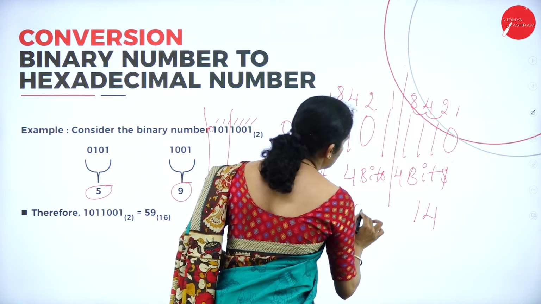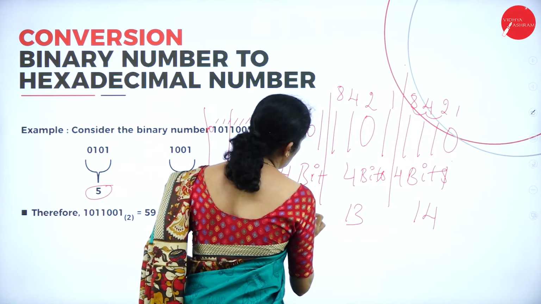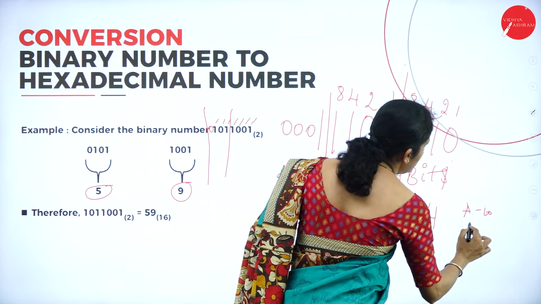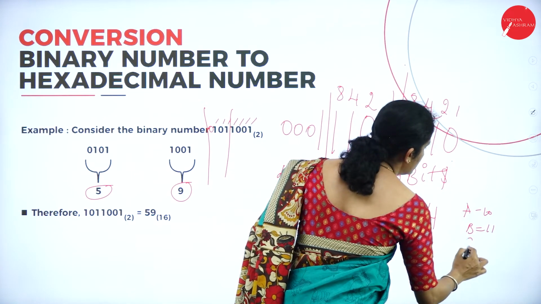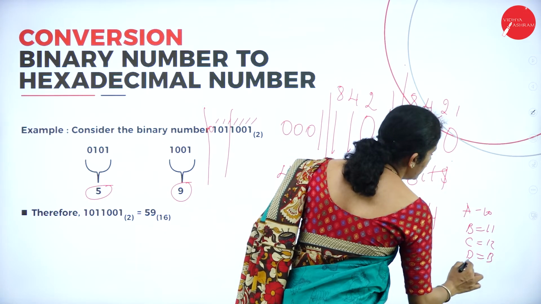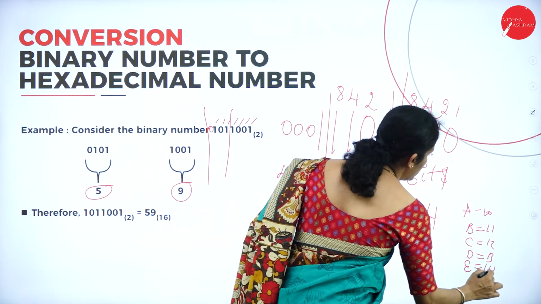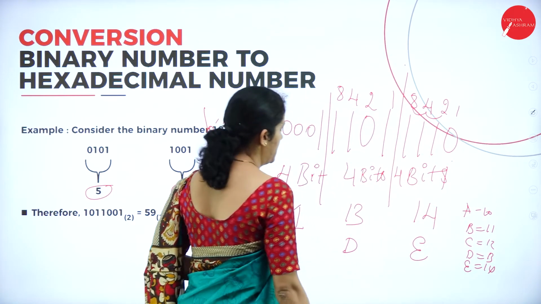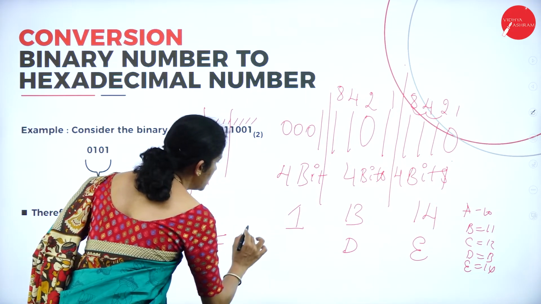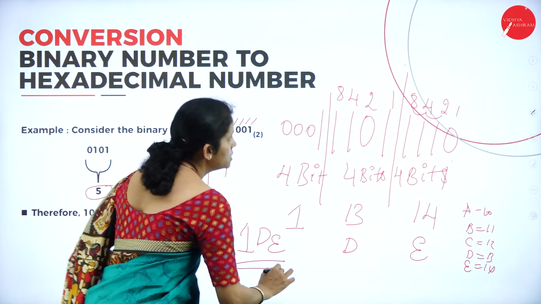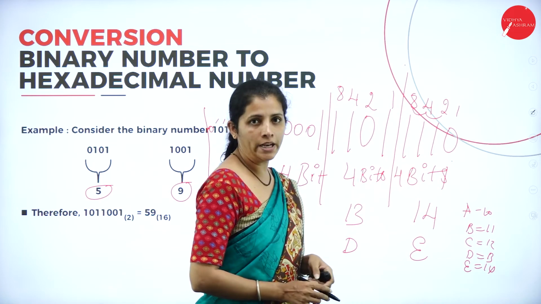It is 13, and here it is 1. Now A is nothing but 10, B is nothing but 11, C is nothing but 12, D is nothing but 13, E is nothing but 14. So here it is D, and here it is E. And what is the answer? 1DE.